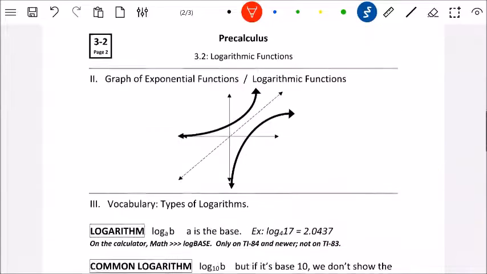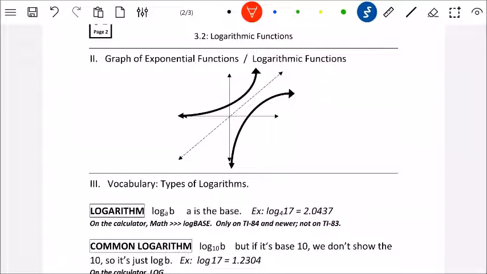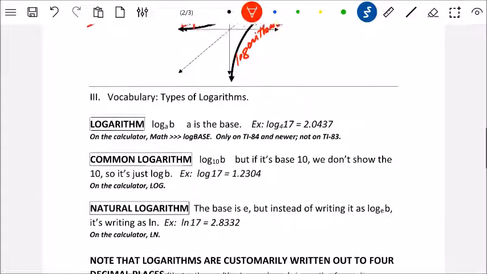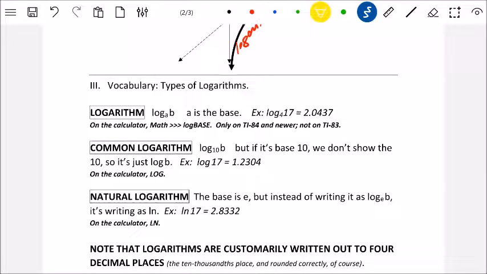Okay, let's move here. I already mentioned the graph of the different functions. I should have moved to this page, but that's a better drawing than me. But I am going to simply write exponential and logarithmic. They are inverses. Okay. Now, types of logarithms.